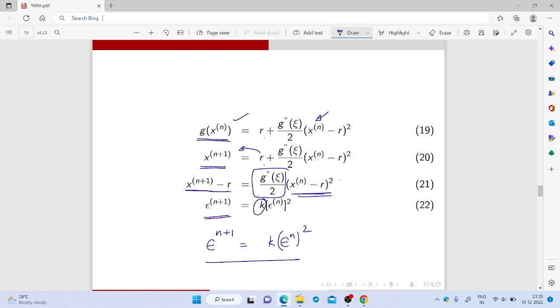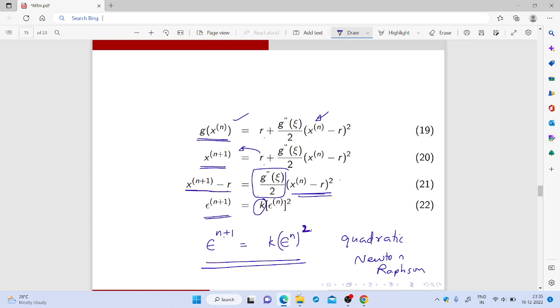So now you can see that the error in the n plus 1th iteration will be the square of the error in the nth iteration. So the error will drastically decrease, at an order of 2. So there is quadratic convergence for the Newton-Raphson method. Convergence is quadratic because the error in successive iterations decreases at a faster rate.